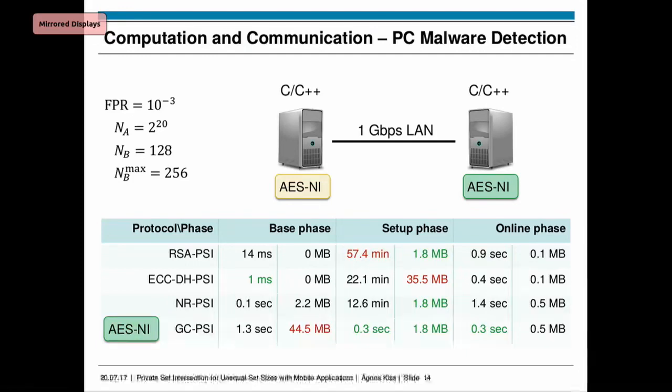However, it requires the most communication and storage in the base phase, because the client needs to store some garbled circuits, and that makes it less efficient, and in some scenarios that might be prohibitive, so we need to go for a less runtime efficient solution in that case, and we can go for the Naor-Pinkas-Reingold PSI, for example.